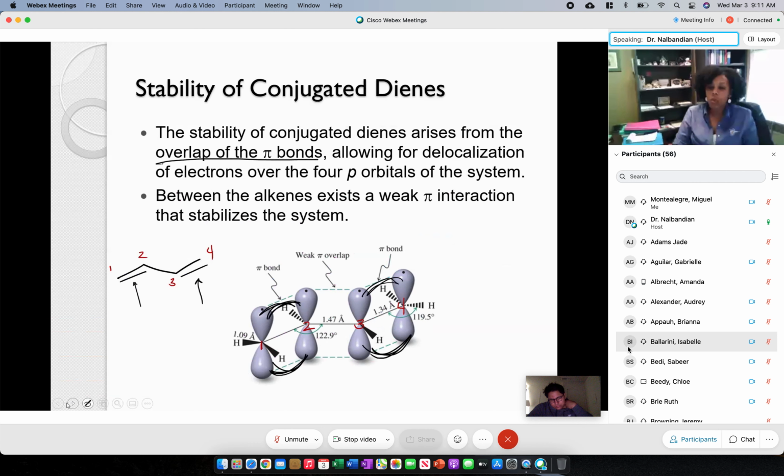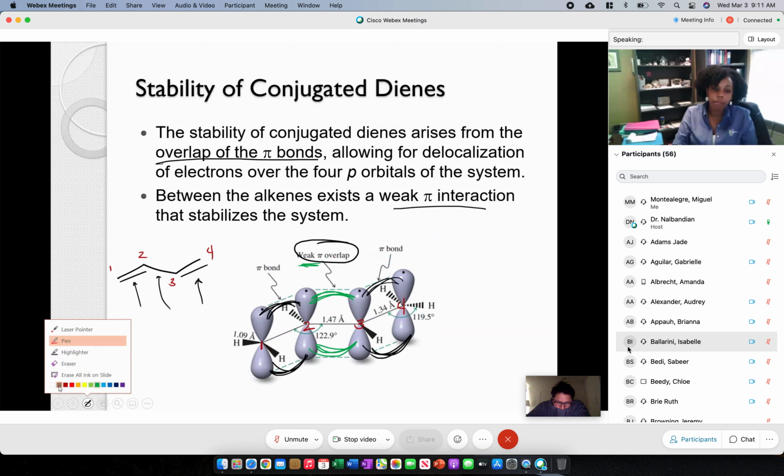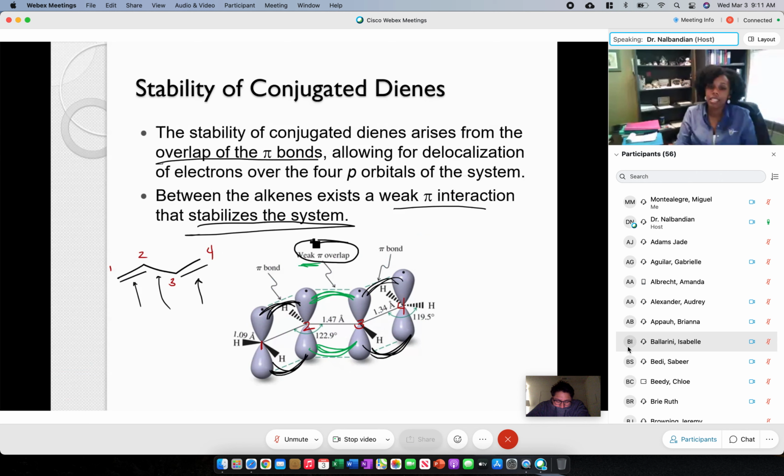But when it is conjugated, we can get this weak pi overlap between carbons 2 and 3. Yes, that's a sigma bond, but we get this weak pi interaction because technically we still have these two p orbitals that can overlap above and below, but it's a weak pi overlap. It's not the same as making a pi bond, but this is what stabilizes the system.